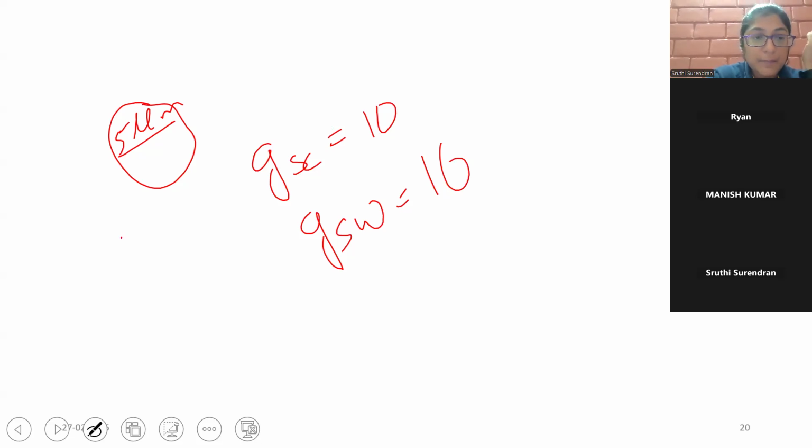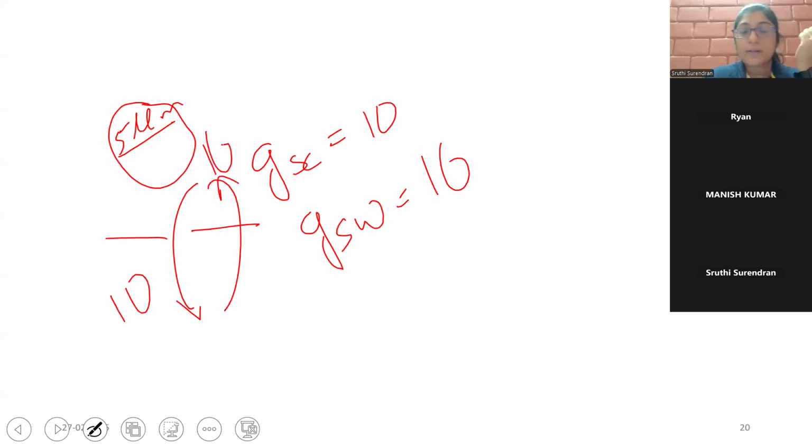So from the same stomata, when 10 moles of carbon dioxide enters, 16 moles of water will exit the system.